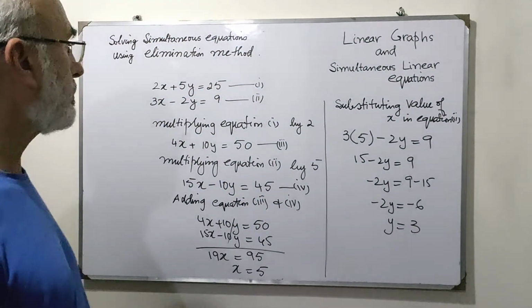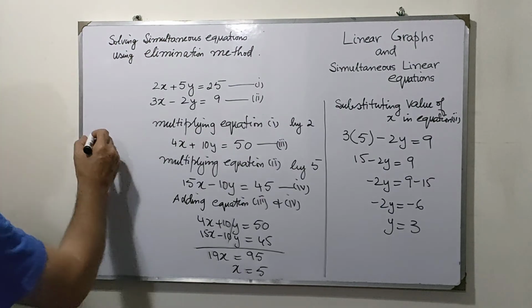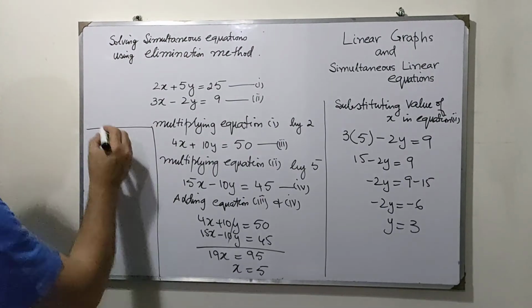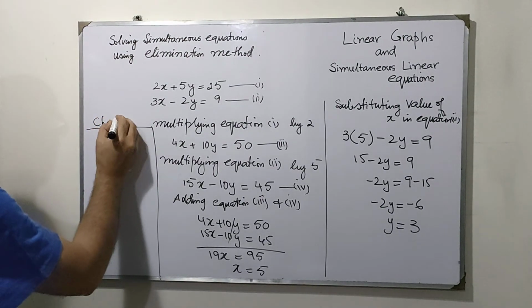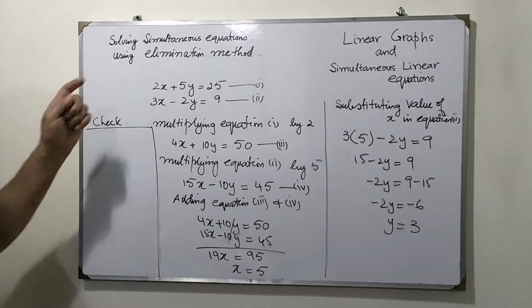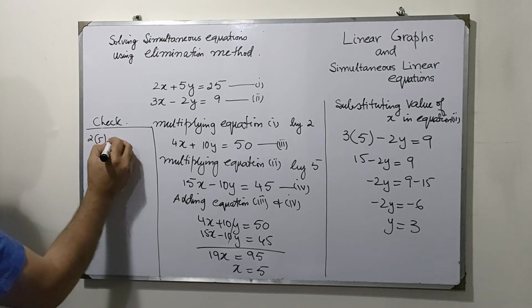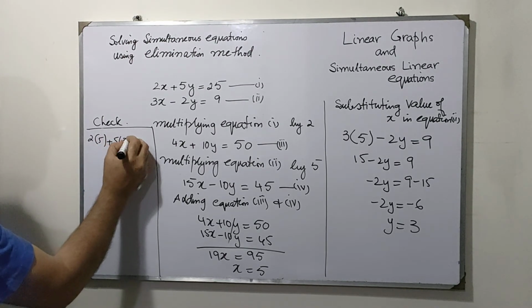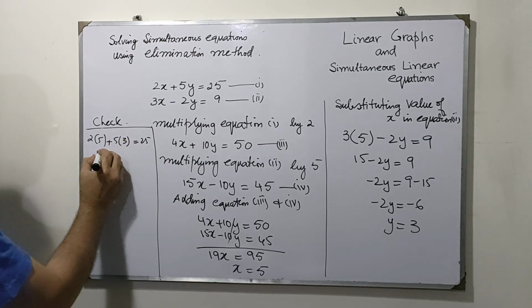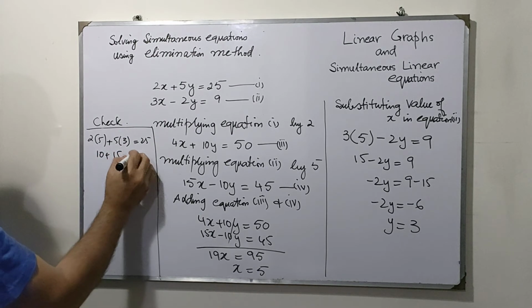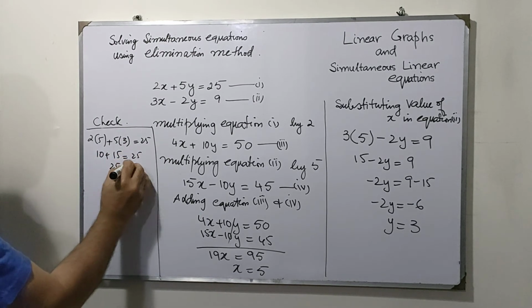Now to check whether the solution is correct or not. First equation: 2 into 5 plus 5 into 3 is equal to 25, which is 10 plus 15 is equal to 25. 25 is equal to 25.